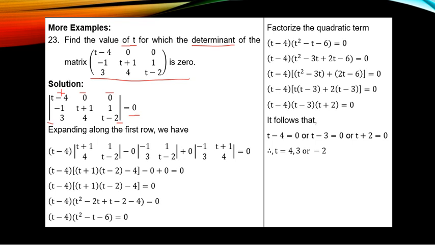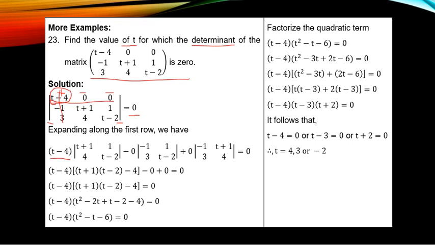From the steps that we explained in lesson 7, since I'm using the first row, I will take the first element in the first row, that is t minus 4. Then I will delete the entries in the first row and first column.